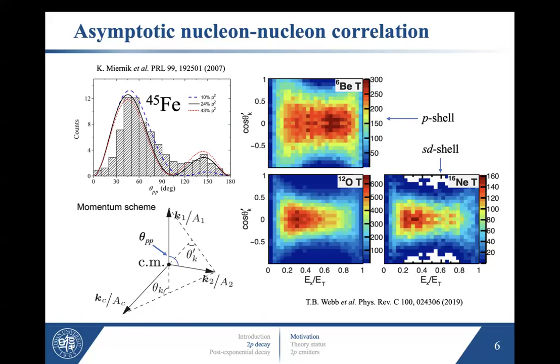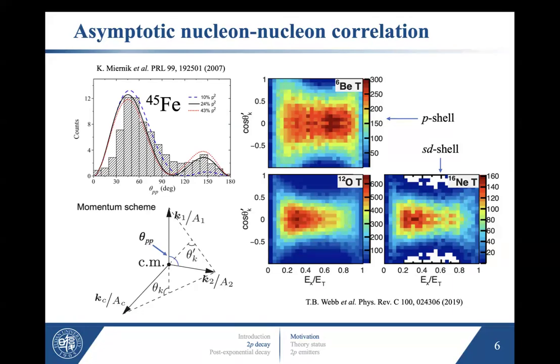Also, in these light systems like beryllium-6 and oxygen-neon systems, we can see that the angular and energy correlations vary from system to system, especially when the system is in different shells. We can see dramatically different correlations.